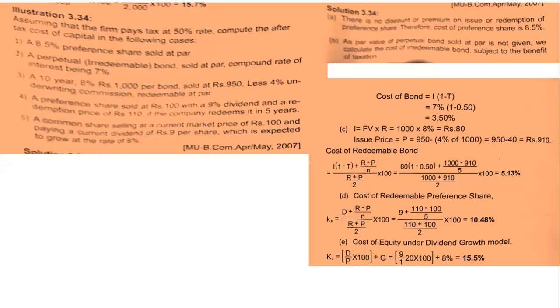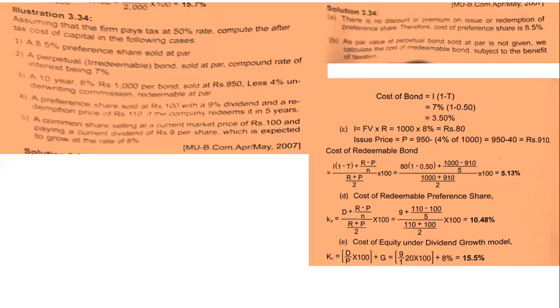And in the fourth situation, again there is a preference share, redeemable after 5 years at a premium. And in the fifth situation, there is an equity share with the current market price and dividend rate, and there is also a growth rate. By considering all this, we have to calculate the weighted average cost of capital.